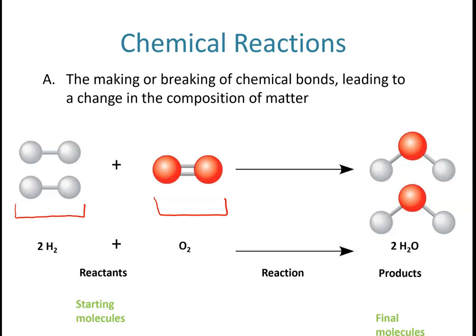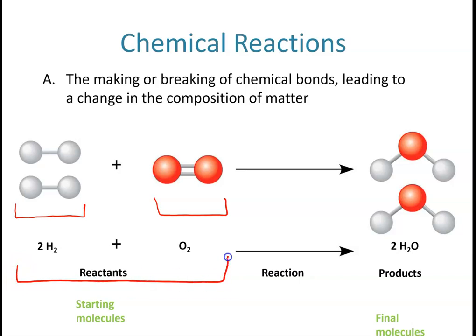So if we combine two hydrogen molecules with an oxygen molecule, we end up with H2O, or water. So in this reaction, we have changed the composition or the makeup of these bonds and produced an entirely different piece of matter.